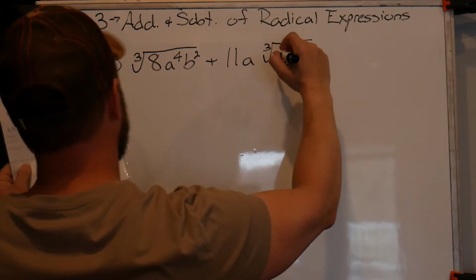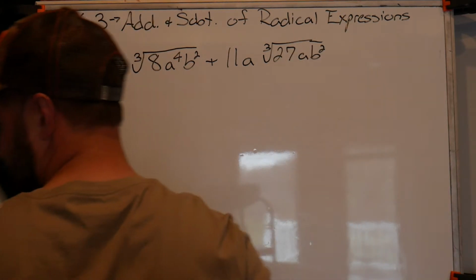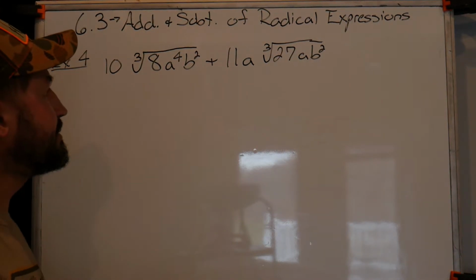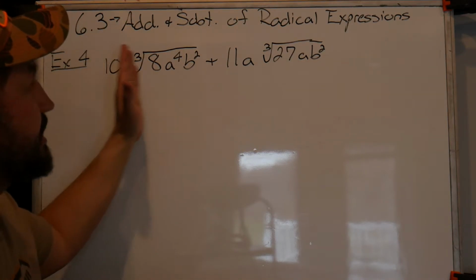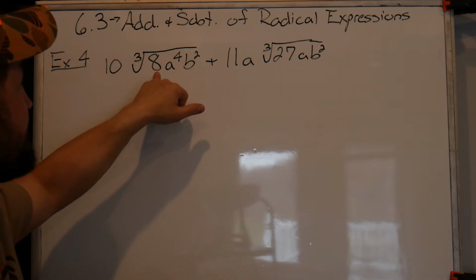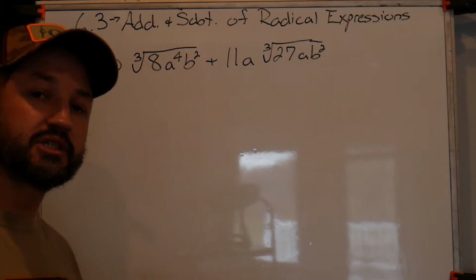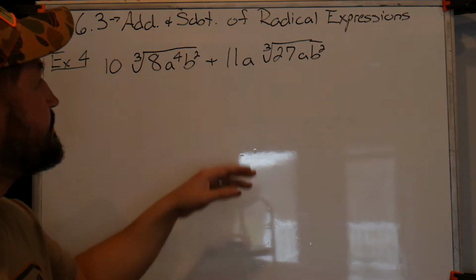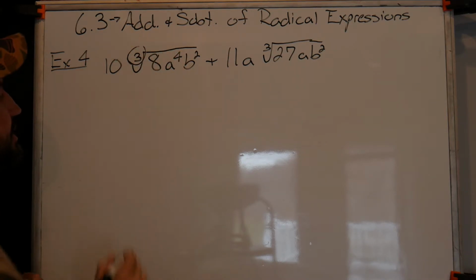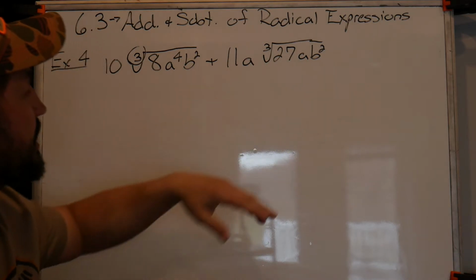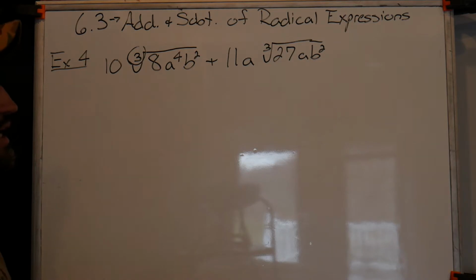I would say probably the most common error is just missing the cubed, and a lot of students will just keep going with squares, and they'll have a 4 times 2 and a 9 times 3, and they'll try pulling the perfect square out and finding out they can't combine. You have to pay attention to the index. So cube root. If this was squared, we wouldn't be adding anything together. Cube root, cube root. The key is, can I get the same?